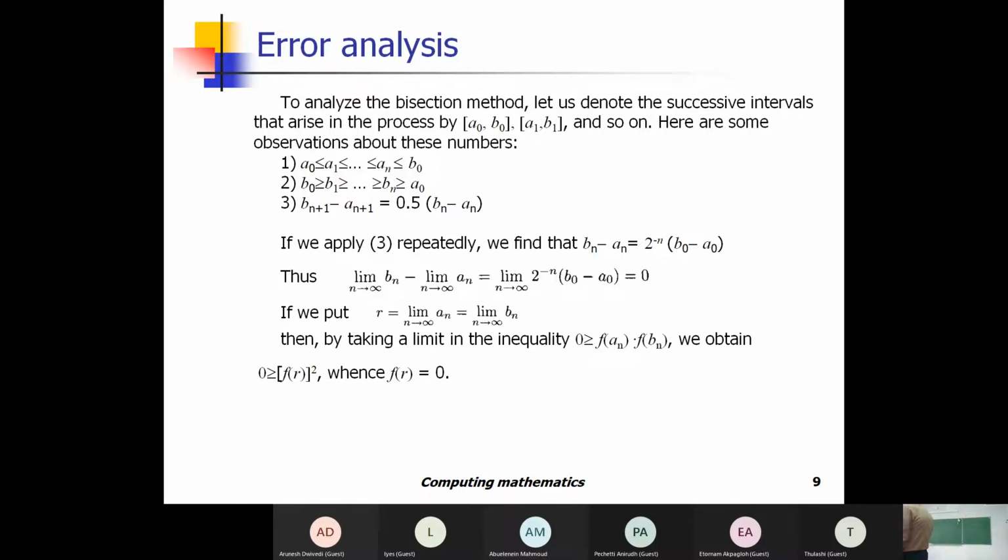And if we suppose that we carried out infinitely many steps, then I can say that the limit is 0.